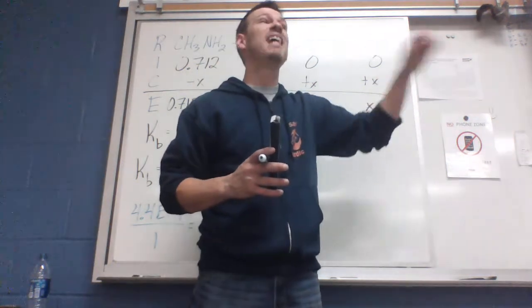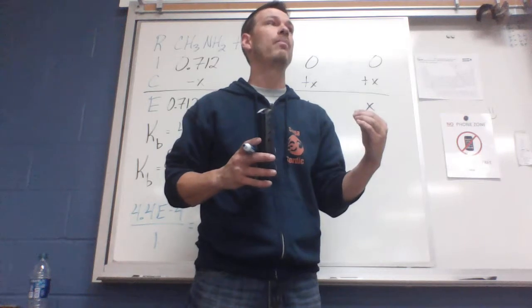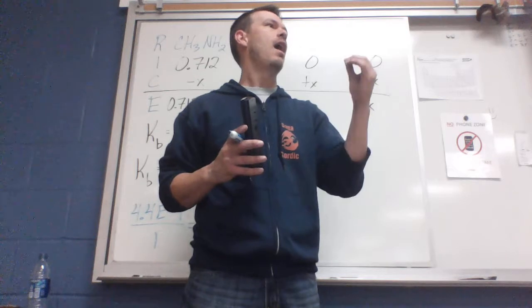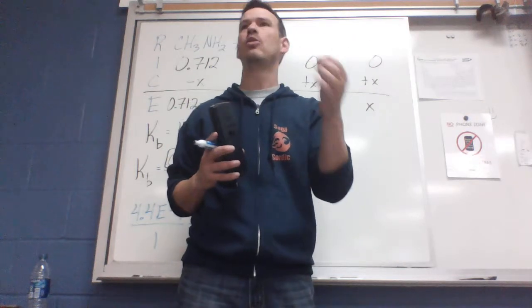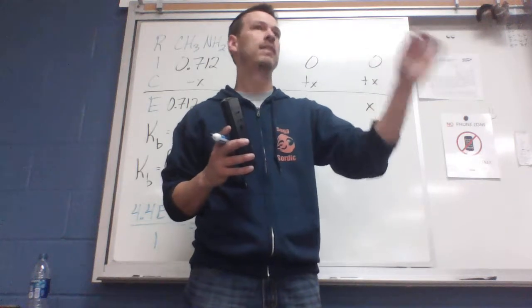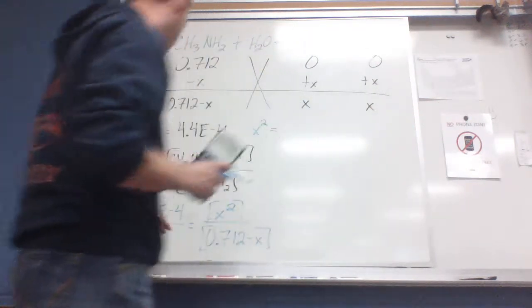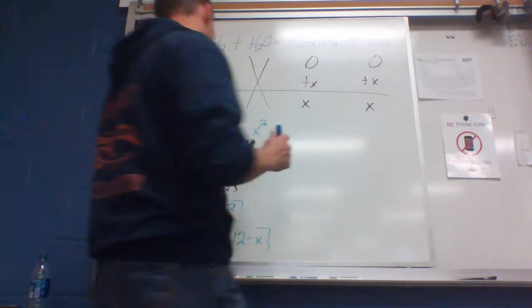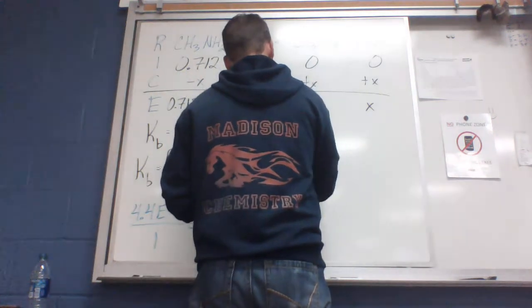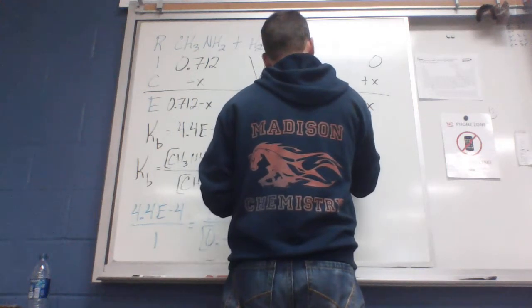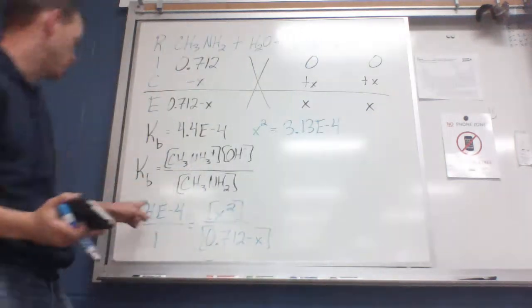That KB is a constant value. The K values that are established for different acids and bases are constant values. And as we've learned before, constant values don't have bearing on sig figs. Therefore, I will get 3 sig figs from this distribution. So I'm going to get 3.13 E negative 4. And then distribute to the X, and it will be minus that value X.